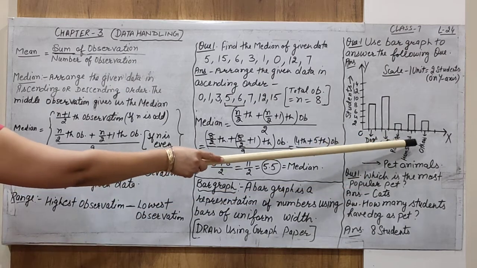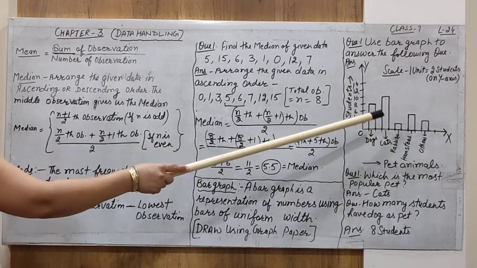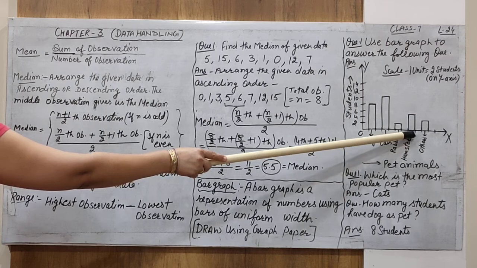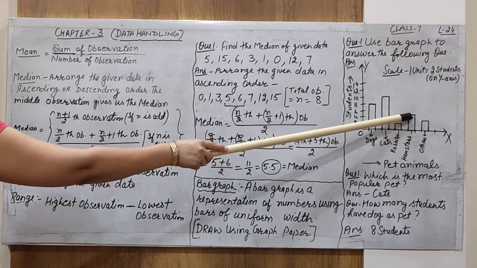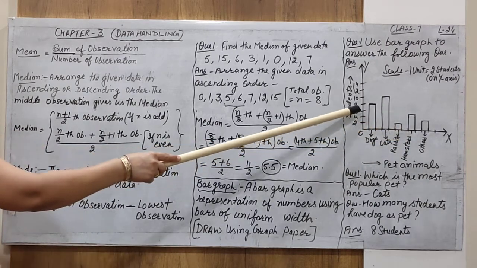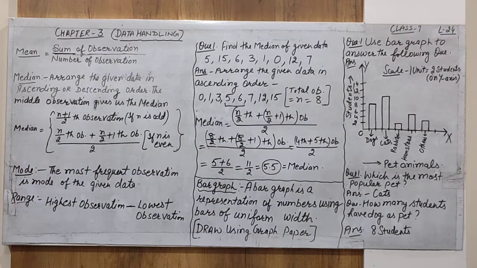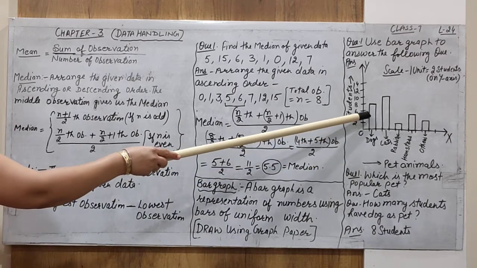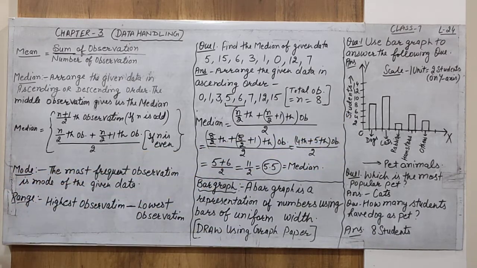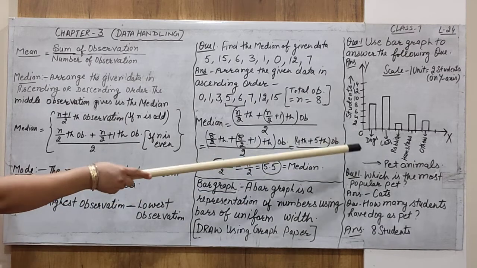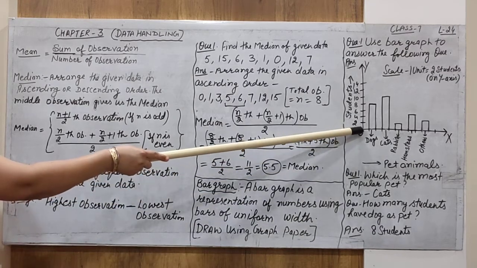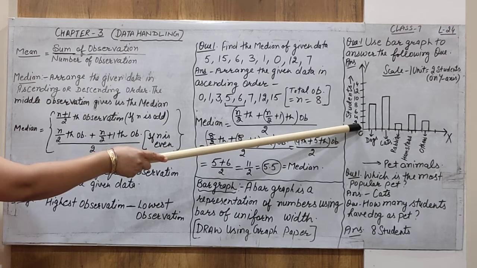Now you can see hamsters and others. If I see hamster, starting from 0, the bar graph's length is up to the middle of 4 and 6. In the middle of 4 and 6, there is a line after 5 lines, and that number is 5. 5 is used between 4 and 6 because between 0 and 2 there is a line.